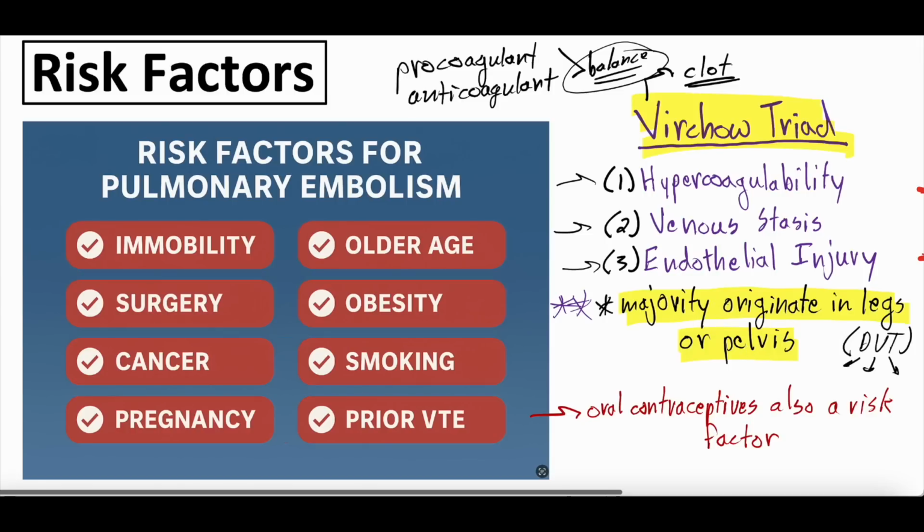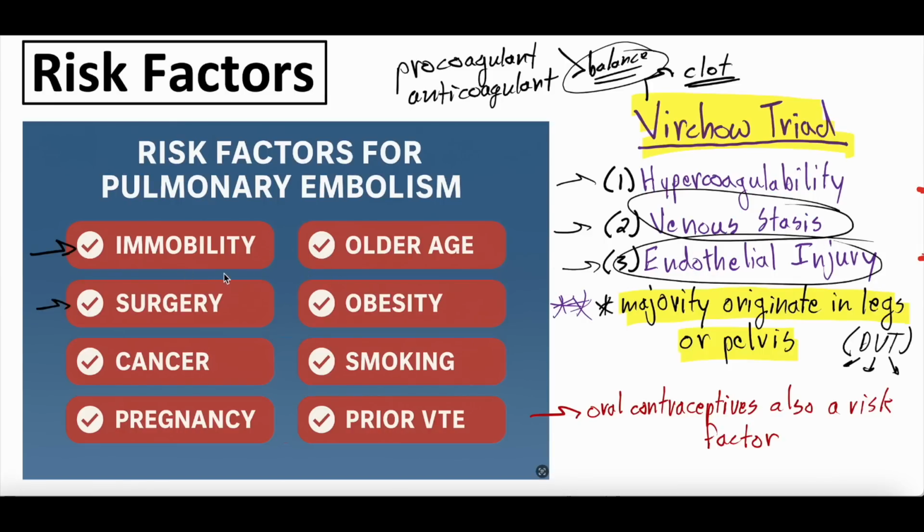The other risk factors associated with pulmonary embolism: we mentioned periods of immobility, that's Virchow's Triad, venous stasis. Surgeries can increase your risk for blood clots, sometimes because of endothelial injury and some of the inflammatory response you get from surgeries. Cancers often cause a hypercoagulable state, so that can increase your risk for blood clots.